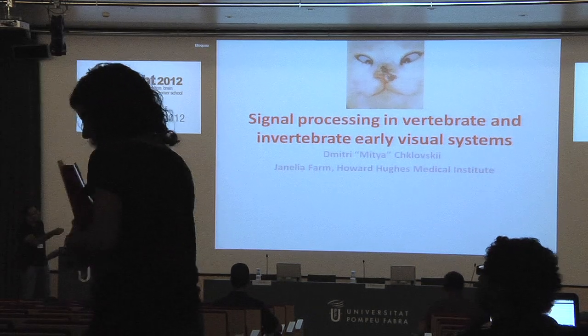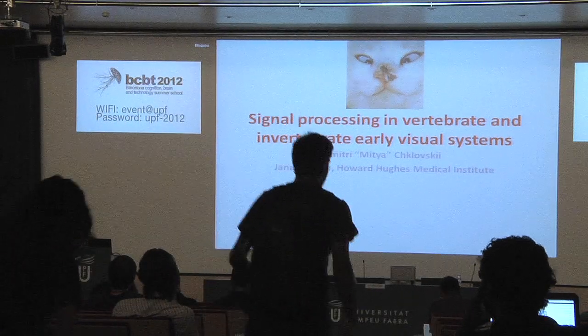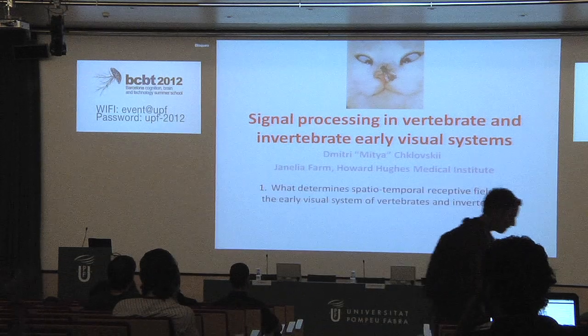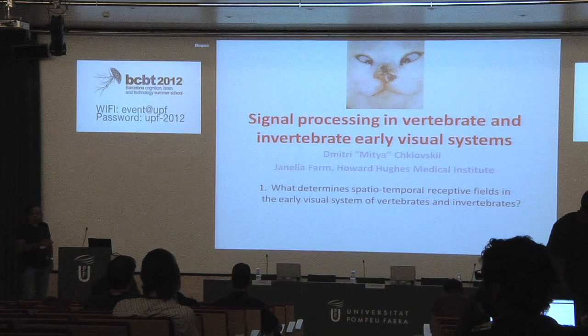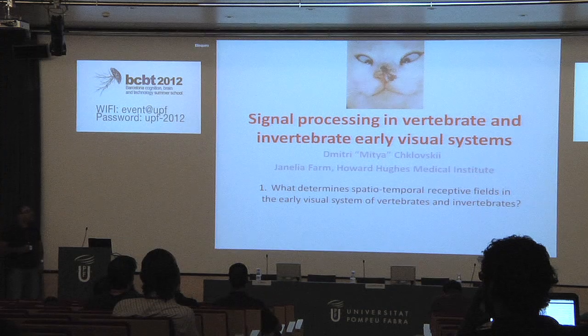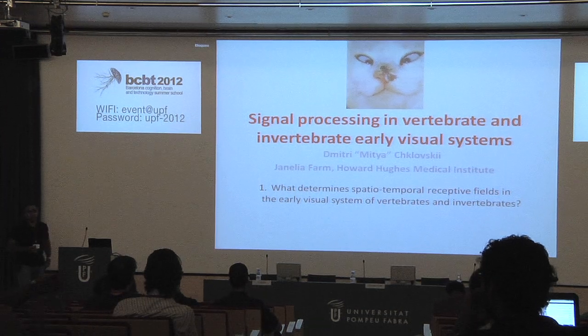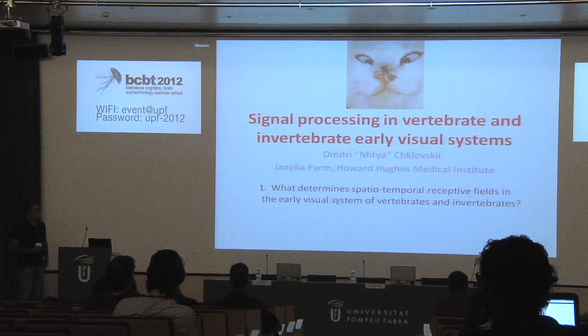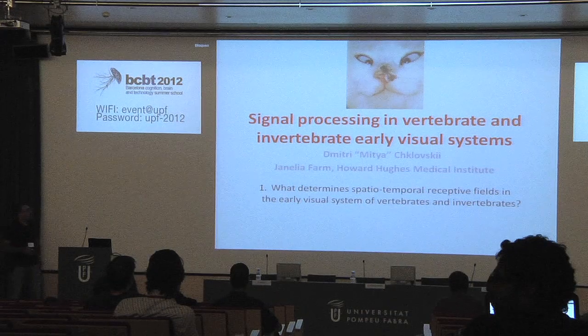And here are the heroes of today's talk. I will focus on two questions. One is the shape of spatio-temporal receptive fields in the early visual system in both vertebrates and invertebrates. And again, some of that stuff has been published before. We just revisited it.